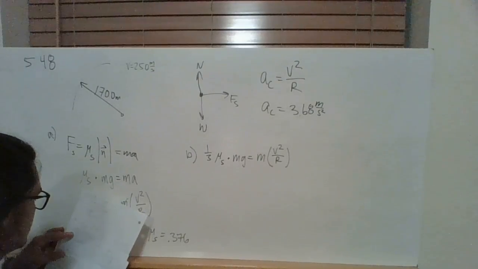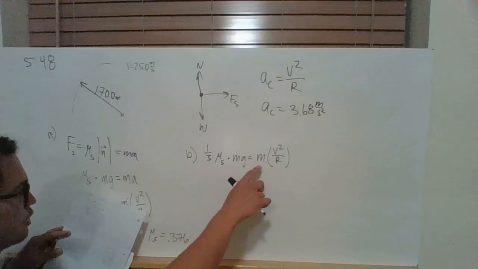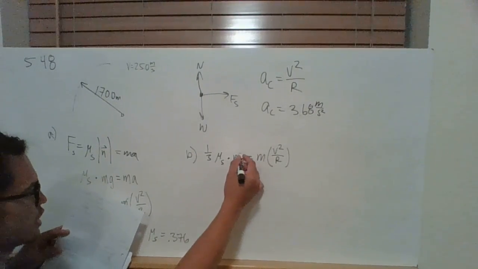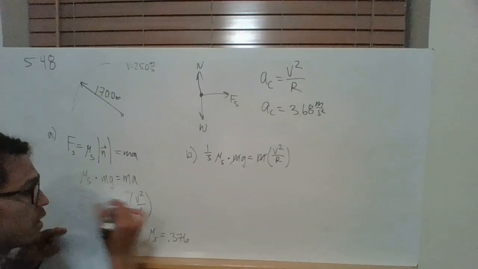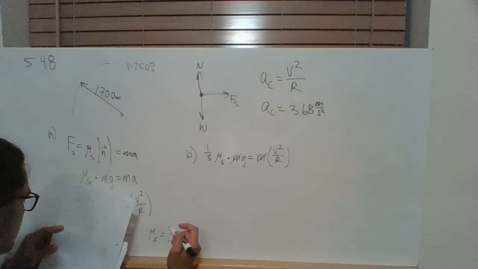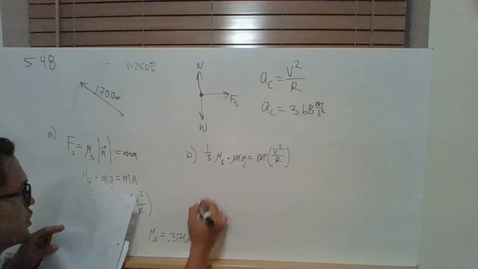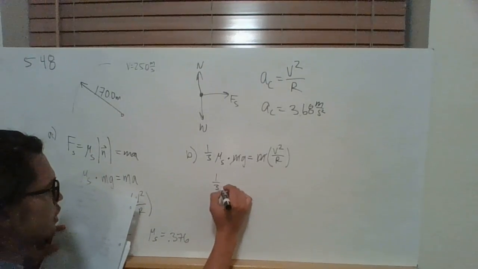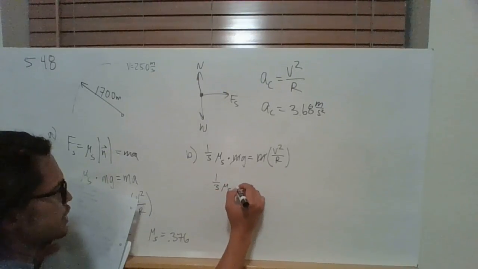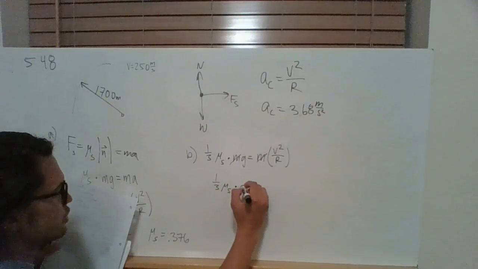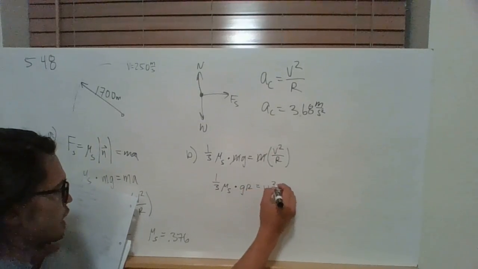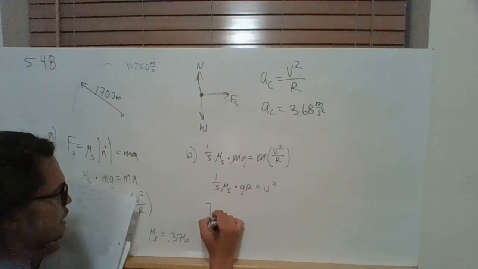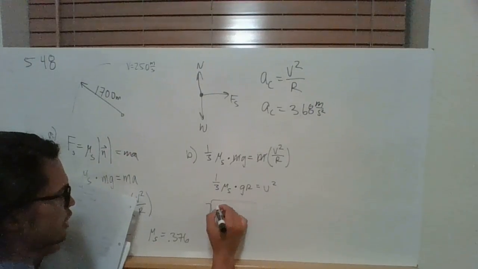When you divide over from here, the masses are going to cancel out. And then you multiply by the r. So you get 1/3 coefficient times gravity times r equals v squared. Square root both sides, and then plug in the numbers you have.